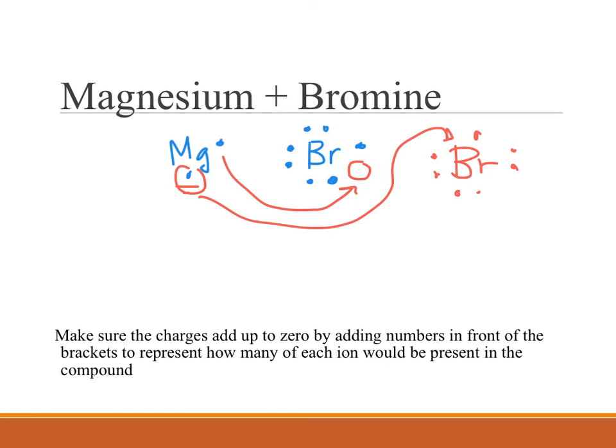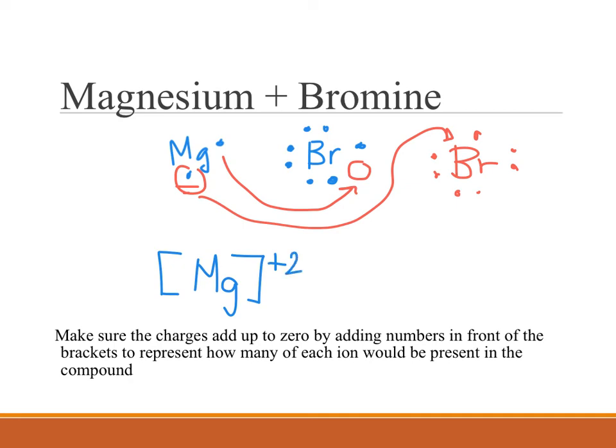So to write out this formula, sometimes you'll see ones written where all of the individual atoms are written out. So you'd write out magnesium and one bromide ion and another bromide ion, but I think it's perfectly fine to just use some coefficients. So we'll do our magnesium. You always write the positive one first.